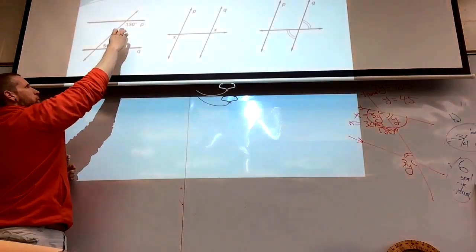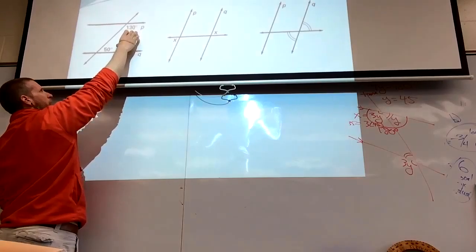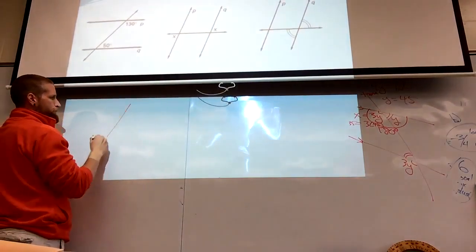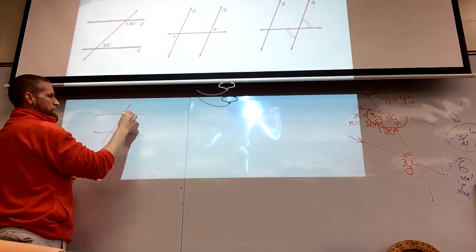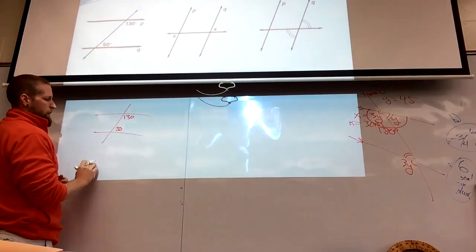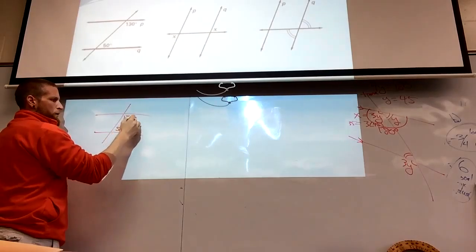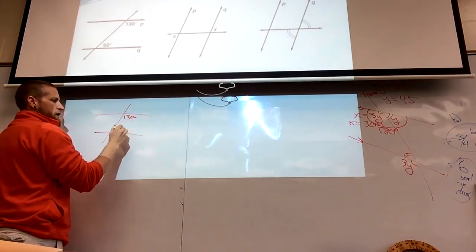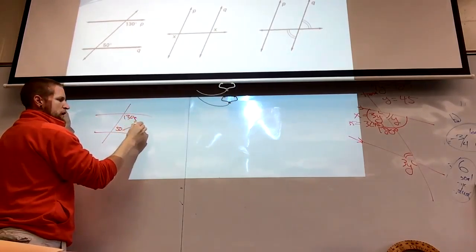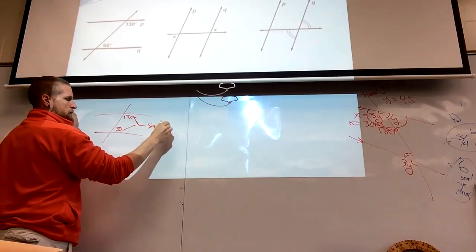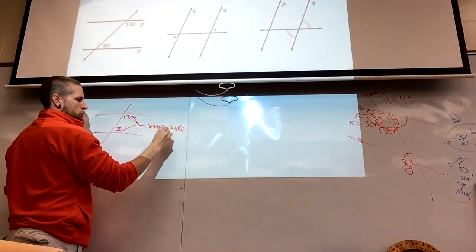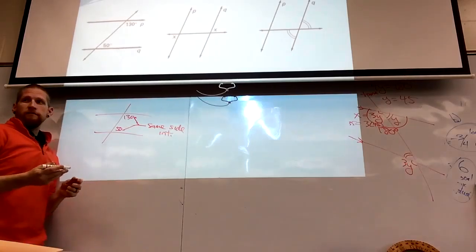So in this case here, I'm looking at these two angles. So I'll go, all right, I've got this angle here and this one here. Then I would say, okay, these angles here, if I put them together as a pair, I would classify this pair of angles as same side interior. Correct? Yeah? Okay.